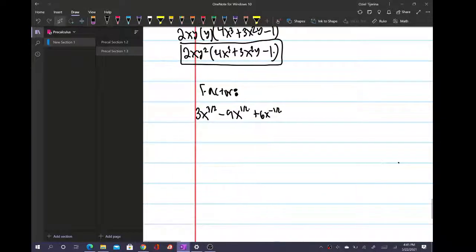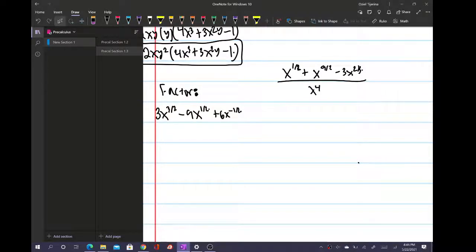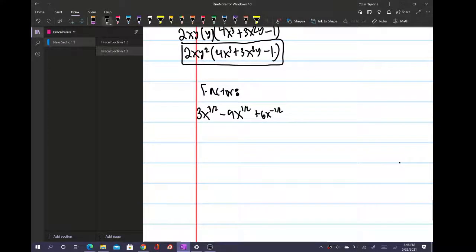This is why they teach you how to do these, so that when you do more derivatives, something like this, and they're asking you to take the derivative, you know how to factor with fractional exponents.